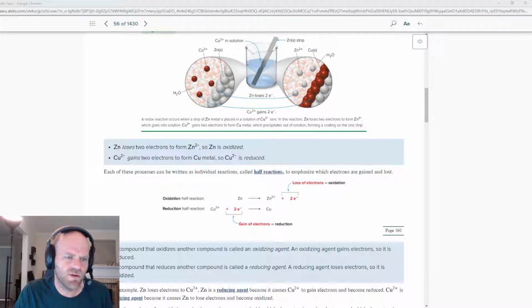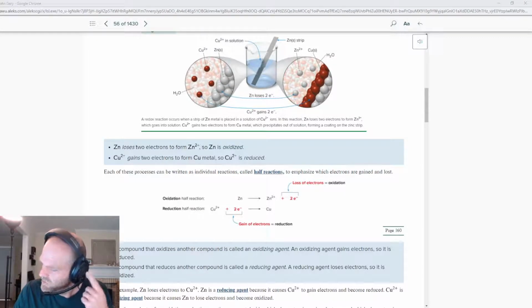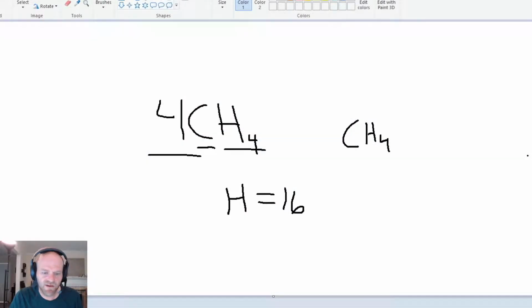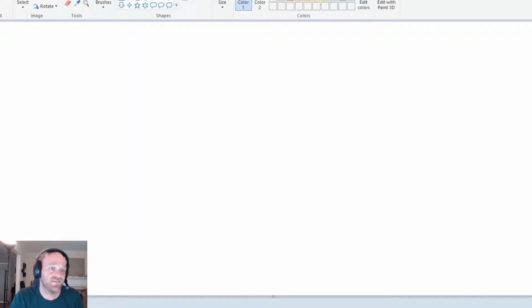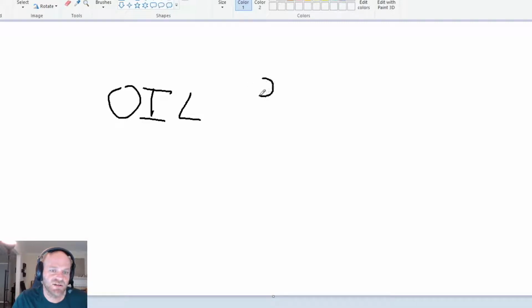It's called Oil Rig. Yeah, Oil Rig. Let me write that down for y'all. It's probably going to be in the text or the PowerPoint here in just a second, but I'll go ahead and write it. Oil rig. So oxidation is loss. I'm going to write kind of sloppy because I want to get through it.